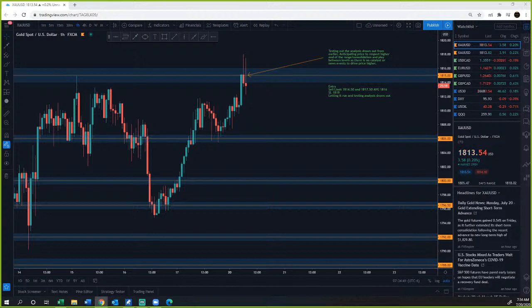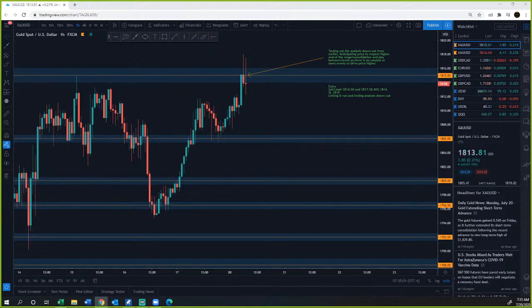So you broke even on half of your position on gold? Or I got out half of it. Basically the entry I had at 1814.50, I got that one out at 1814. So I just have that 1817.50 position still going.